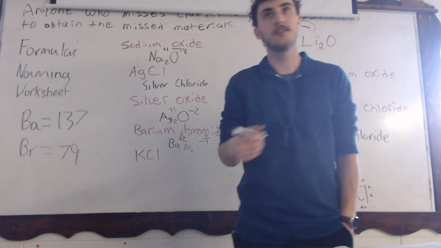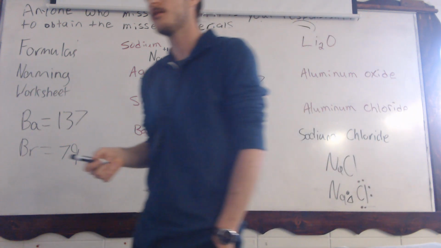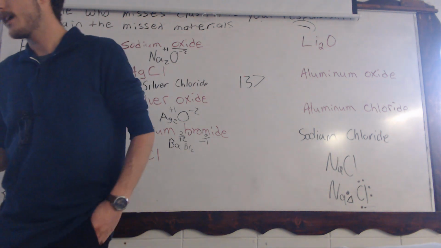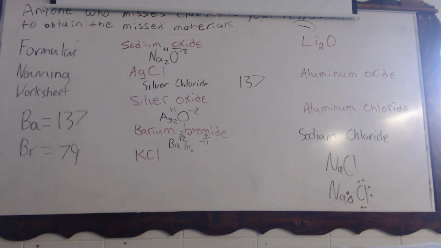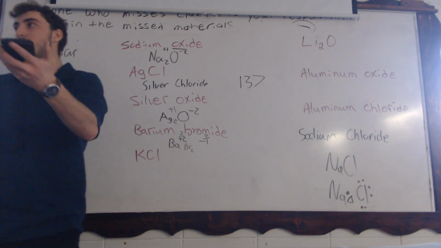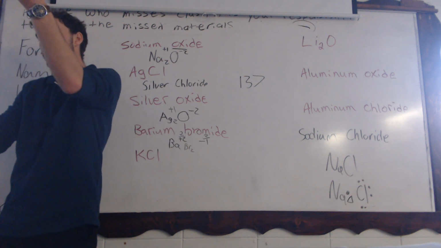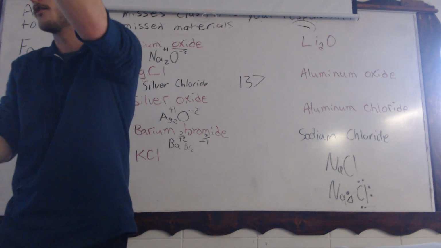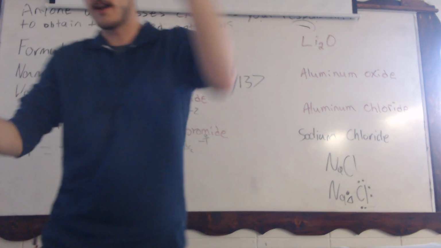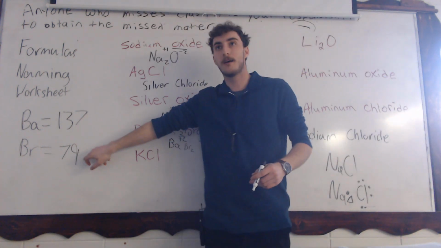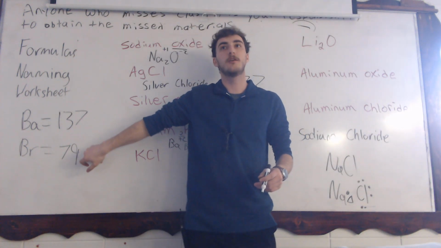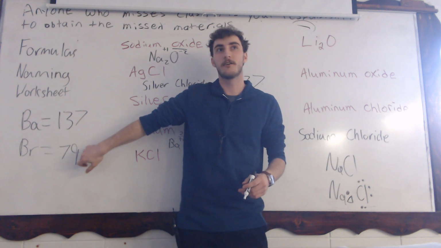But how many bromine do we have? 2. If I had, let's say, these both weigh a pound, and I have 2 bromines, are they still going to weigh 79 if I put them both together? No. How much are they going to weigh? 2 pounds, right? So if bromine weighs 79 by itself, how much are 2 going to weigh? Get out your calculator.